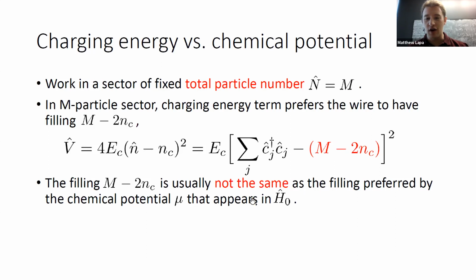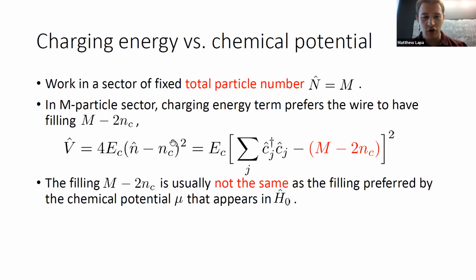So there's actually this second effect that this charging energy term is having. In addition to just turning on this charging energy term, which is one effect, you have this additional effect of tuning the preferred filling of the wire. So you actually have to take into account both of these effects when you analyze this system.